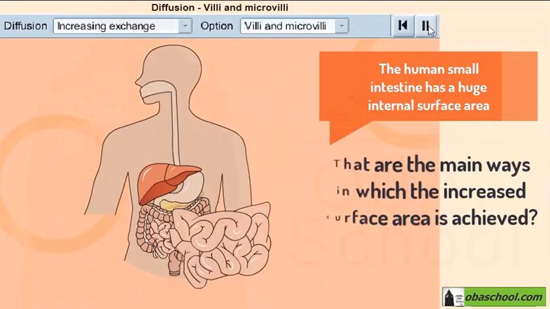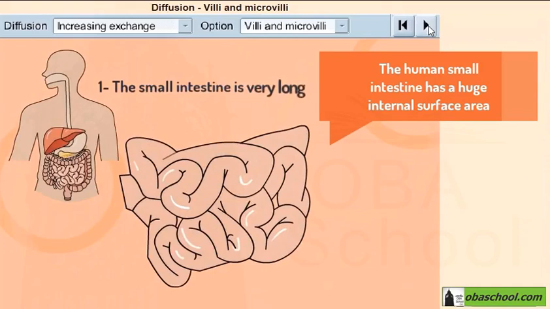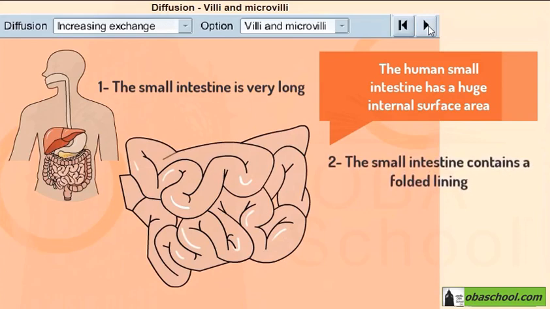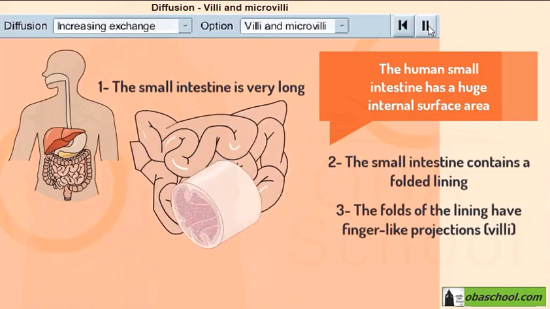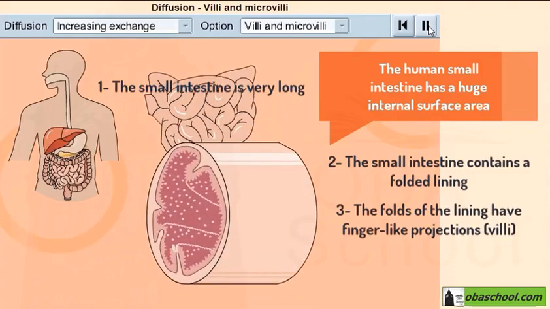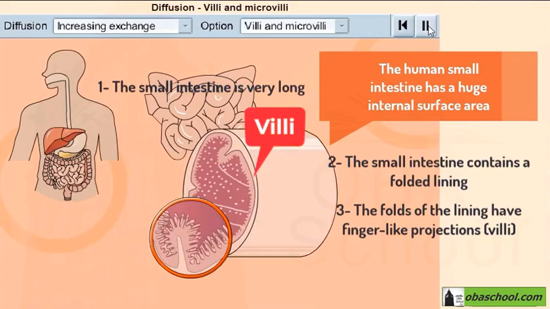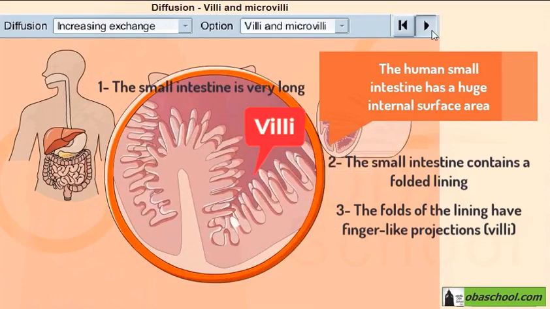Well, first of all, the small intestine is very long. The small intestine contains a folded lining, which will ultimately increase the surface area. Moreover, the folds of the lining have finger-like projections called villi, as you can see here in the picture.